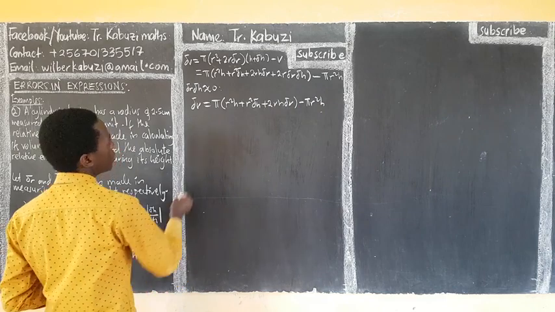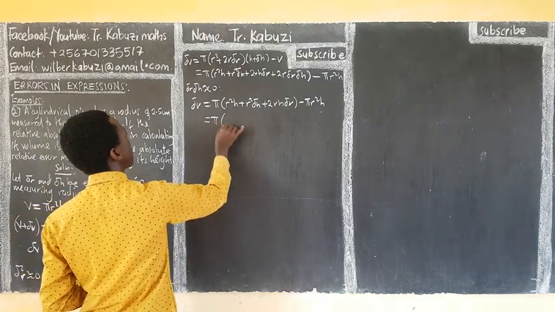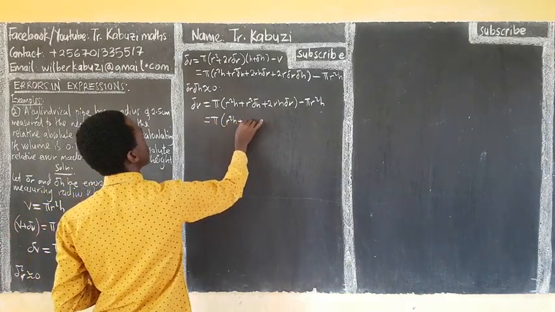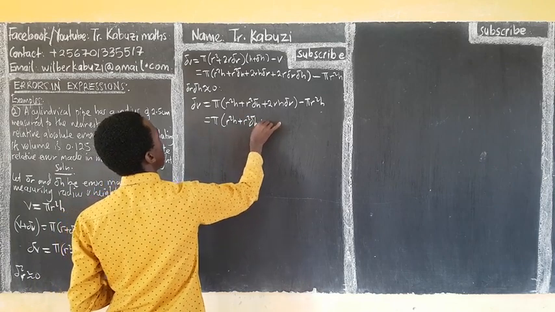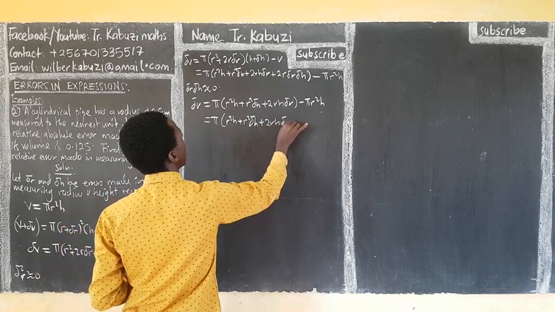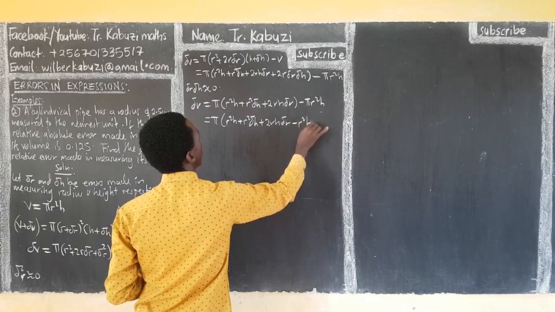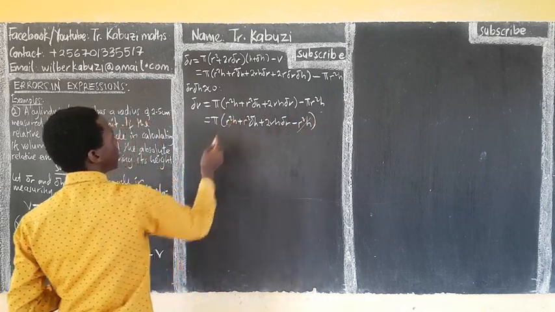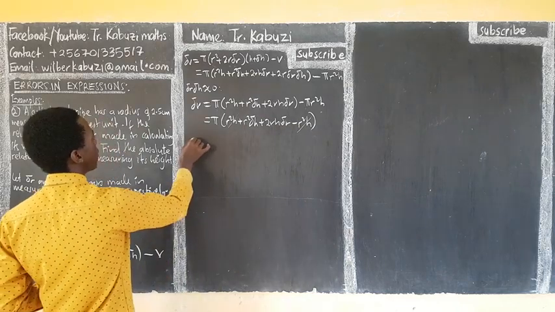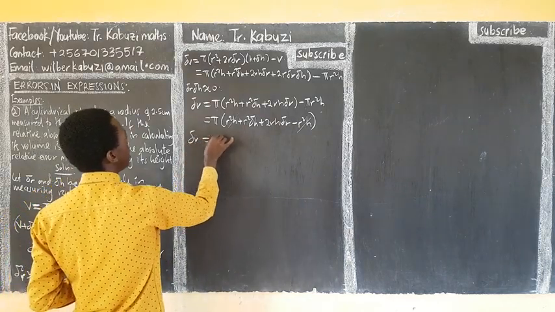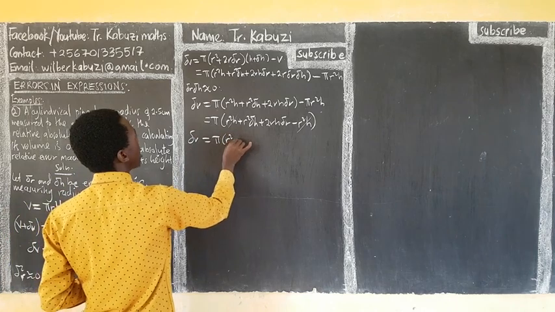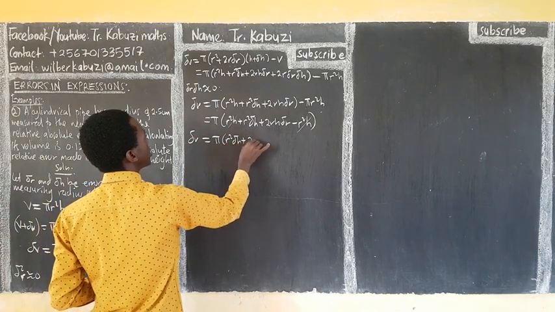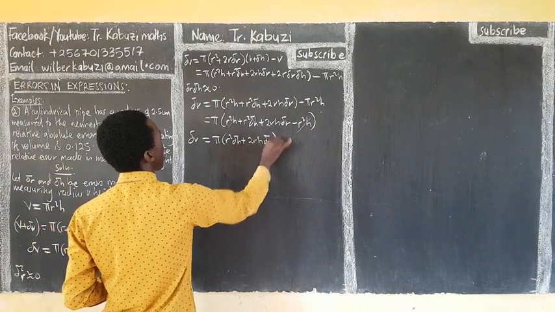If I factorize out pi, this will give me r squared h minus r squared h, which will vanish. So from here, my delta v will be pi into r squared sigma h plus 2rh sigma r.